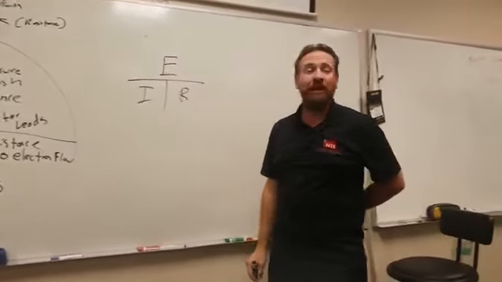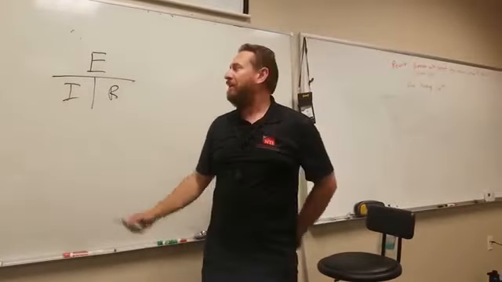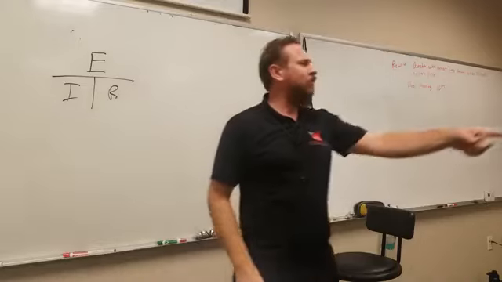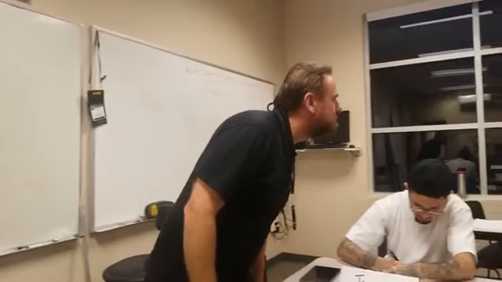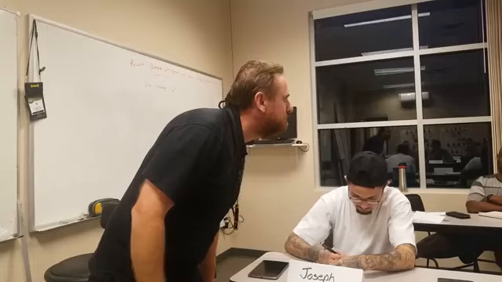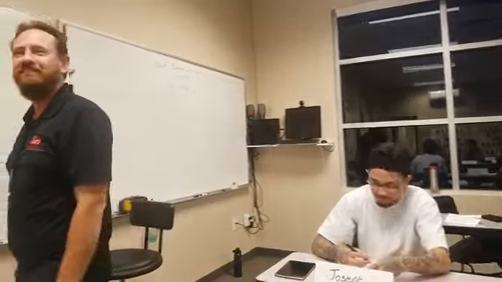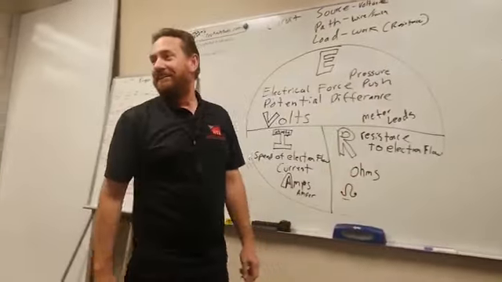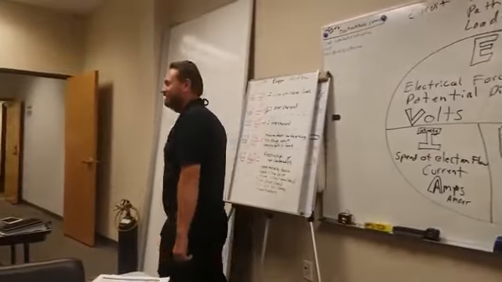Some people put that in a triangle, some people put that in a circle, but this is Ohm's law. So if on an interview, sir, what's Ohm's law? E over I and R. That's what you say. It's the easiest way to give that answer.